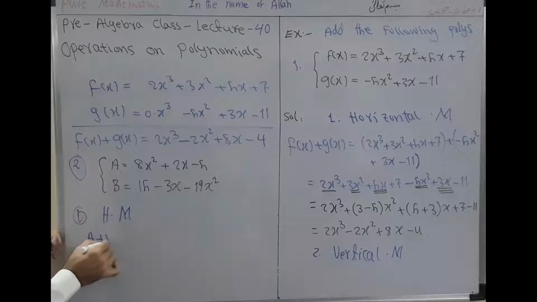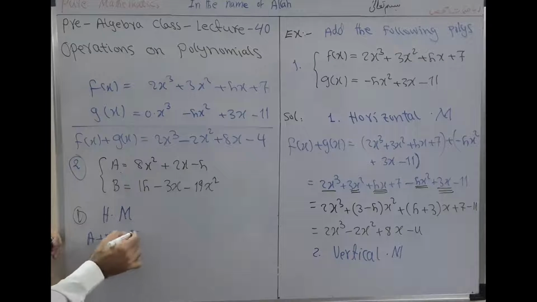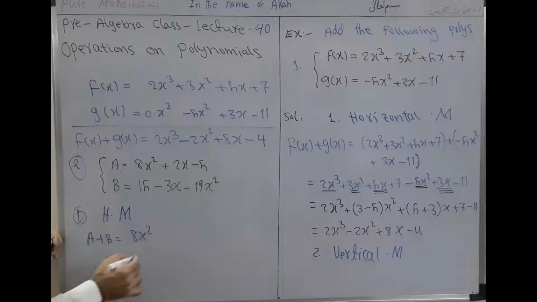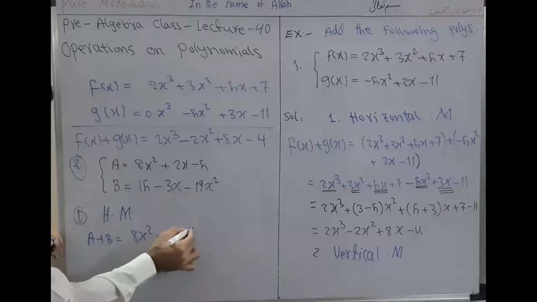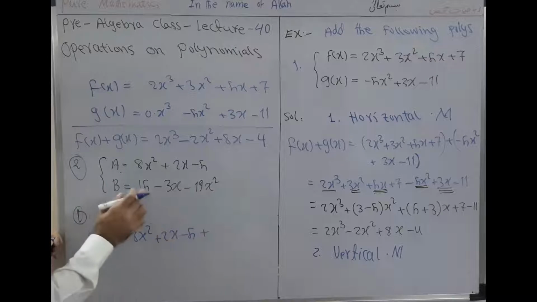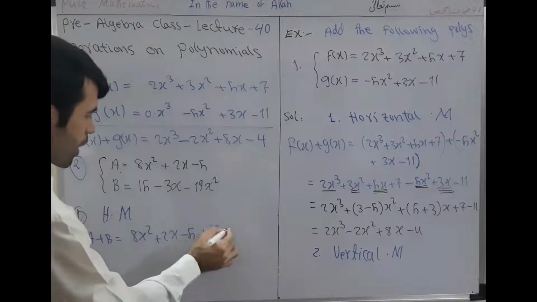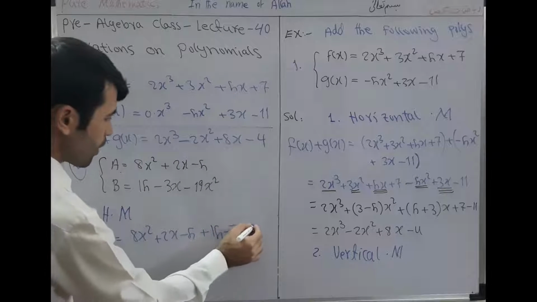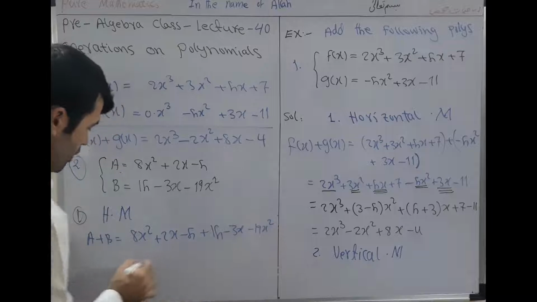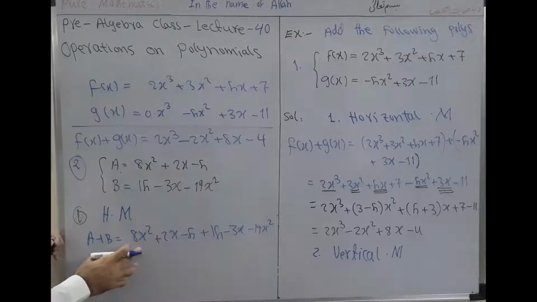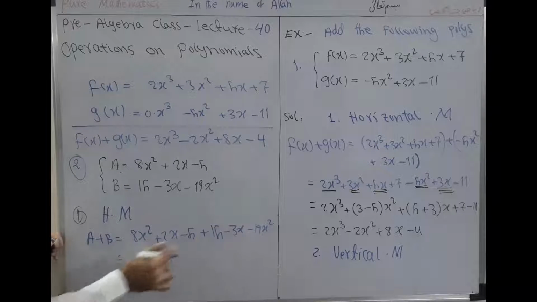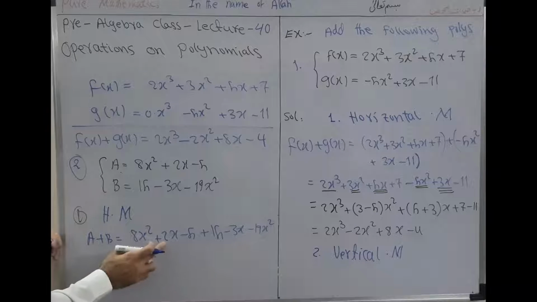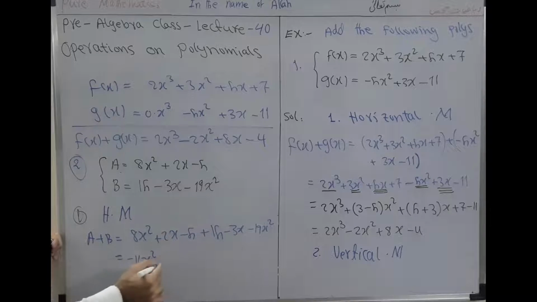a plus b is equal to 8x square plus 2 into x minus 5 plus 15 minus 3x minus 19x square. Now it is equal to 8 minus 19, minus 11 x square, plus 2x minus 3x.